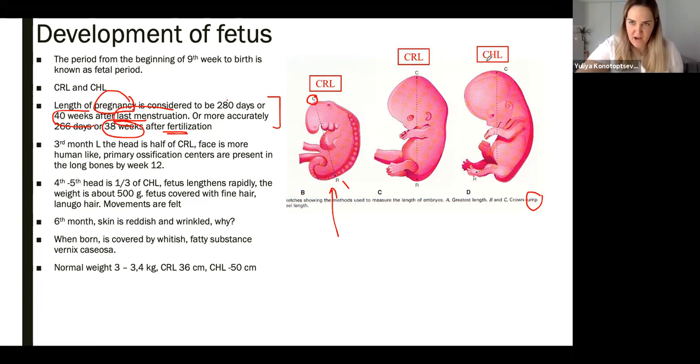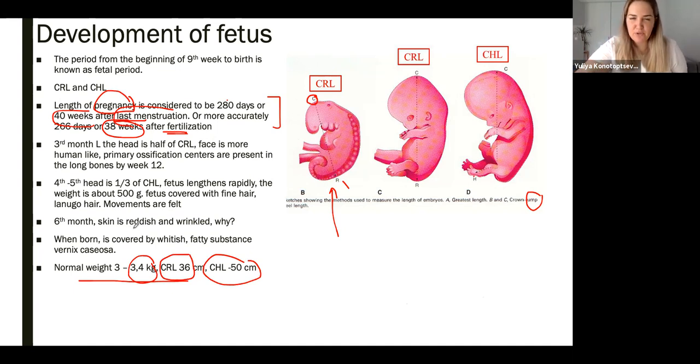Another name for crown heel length is the standing height, because it's from the crown to the heel. Another name for the crown rump length is the sitting height, because it's from the crown to the rump. You need to know that when you're born, you should be about 3.5 kilos, crown rump length 36, crown heel length 50 centimeters.